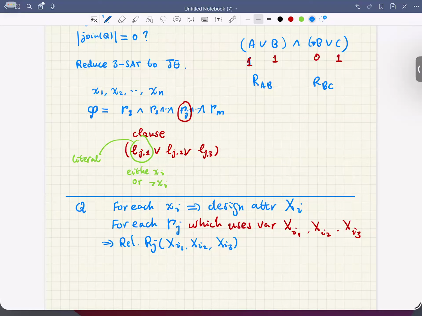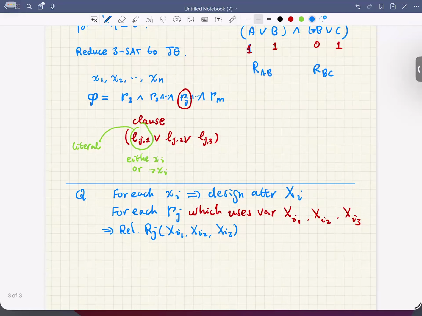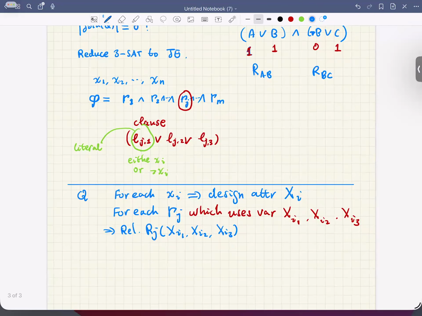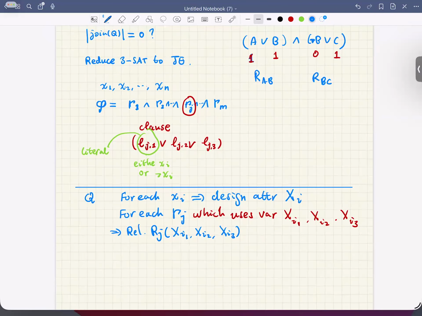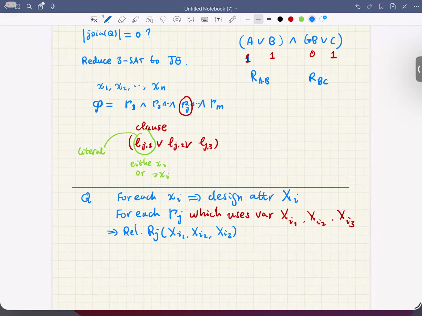Okay, good. So here I have got all the edges already. Basically you can see m edges. Now finally, we will design the tuples inside the relations. So let's say this Rj, what are we going to do? Well, now we have to look at the clause gamma j itself.